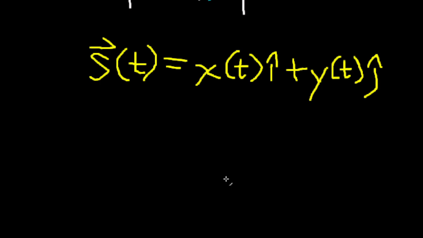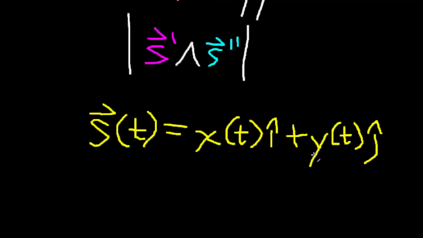This is pretty simple, right? We're just expressing s of t in terms of its components. i hat, of course, is the unit vector in the x direction, and j hat is the unit vector in the y direction.